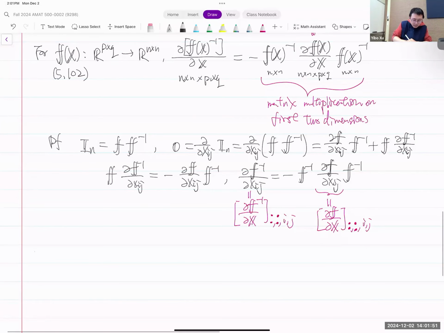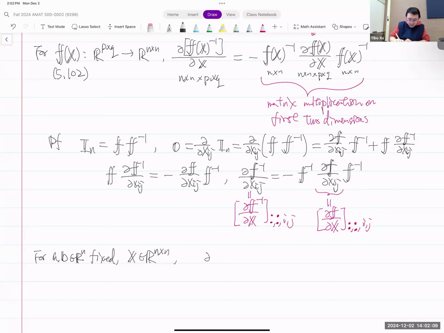Okay, and now let's look at something other than a matrix output. So I have A and B are fixed n-dimensional vectors. X is n by n as a matrix.